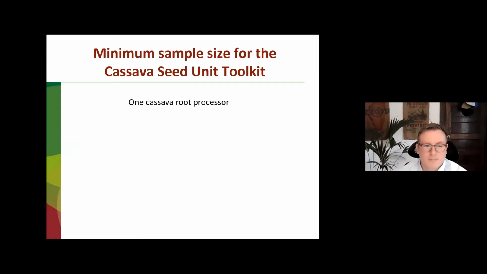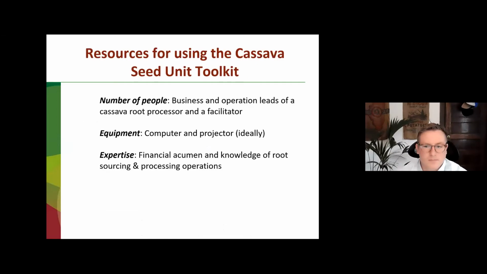The minimum sample size for the Cassava Seed Unit, this is really enterprise specific, so it's one processor. The resources needed to use the toolkit include a team of personnel from the processor, typically on the business or operations side, who can make assumptions for processing capacity, average yields, timing and flow of routes to the factory, and other value proposition critical assumptions that would feed into the model.